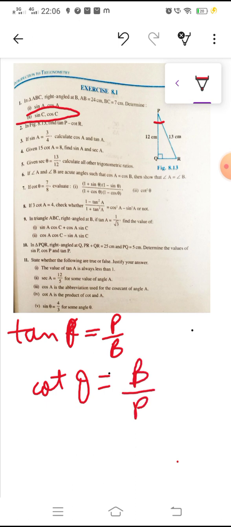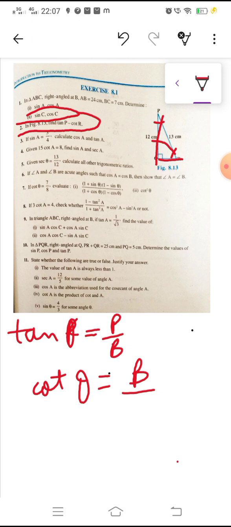For tan P, QR will be perpendicular and PQ will be base. But for R, the side in front of the angle is perpendicular, so now PQ is perpendicular and QR is base. Now you can find out the value of the second one.